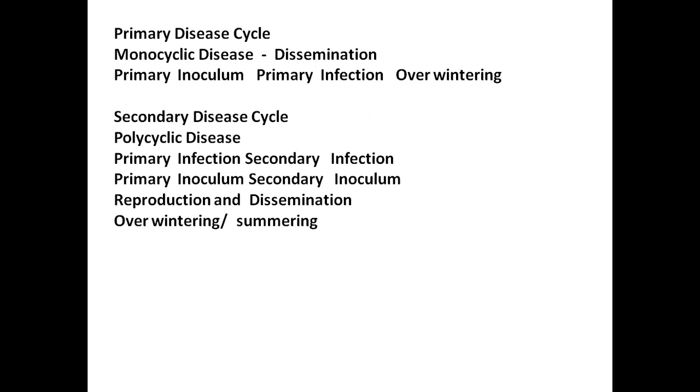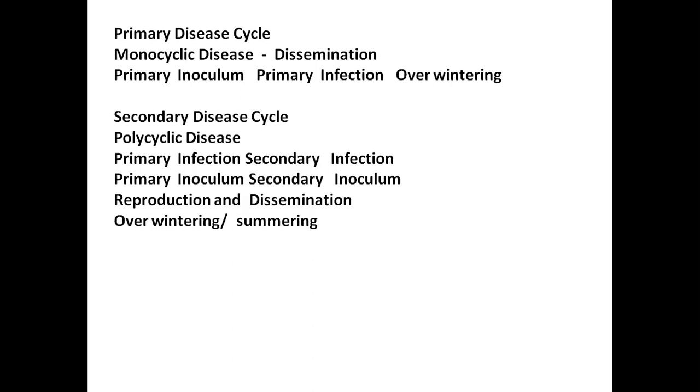The first one is the primary disease cycle, where there is only one cycle of the plant pathogen associated with the disease, and therefore these diseases are also known as monocyclic diseases.